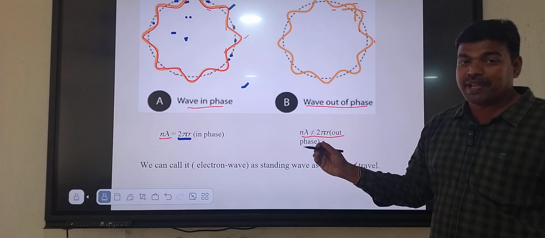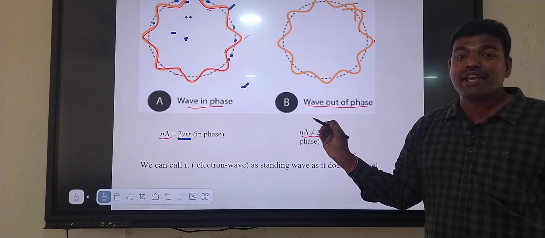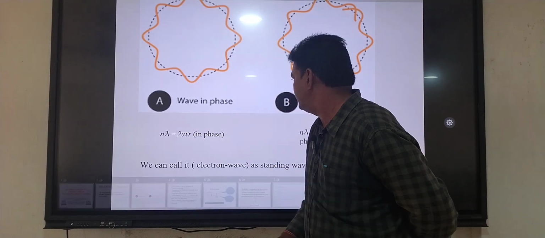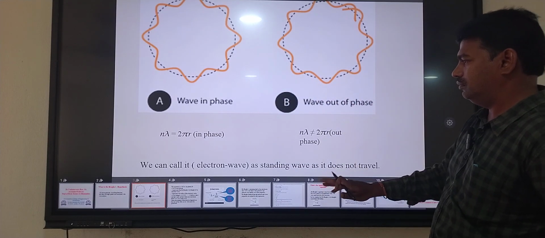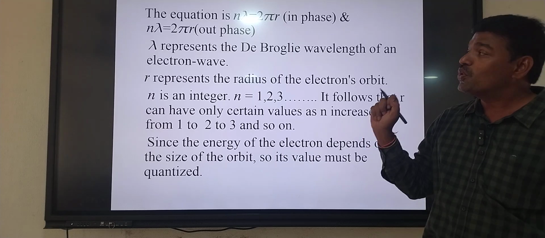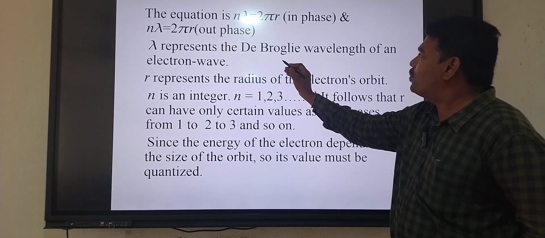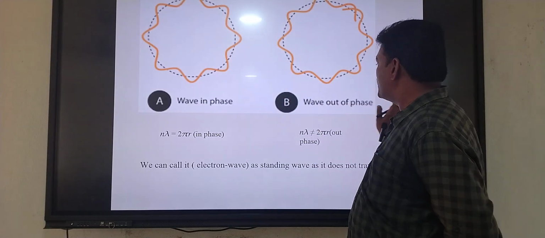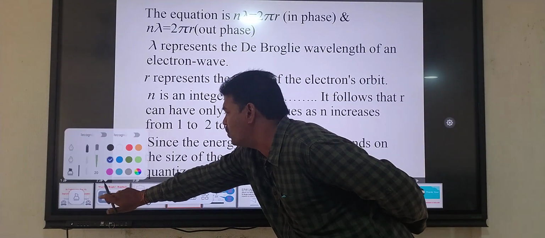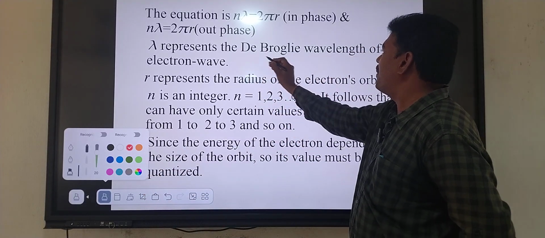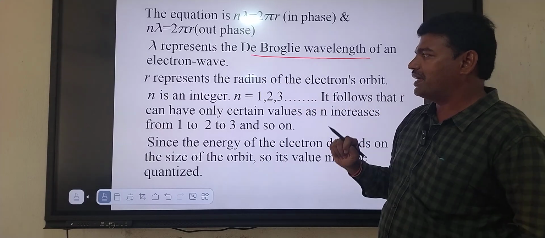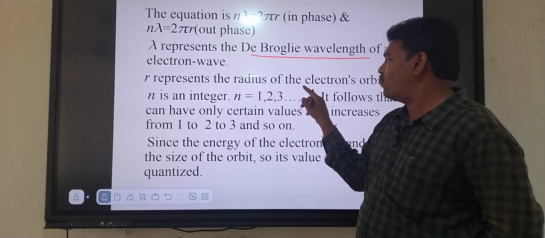Then I shall explain the terms in the equation n lambda is equal to 2 pi r, where lambda represents the de Broglie wavelength, r represents the radius of the electron's orbit, and n is an integer, and it can take the values 1, 2, 3.